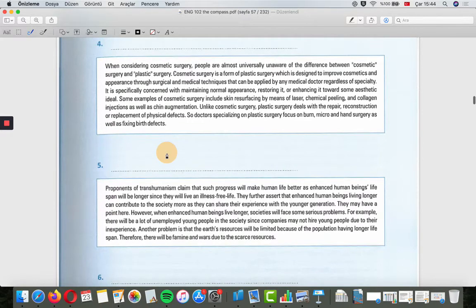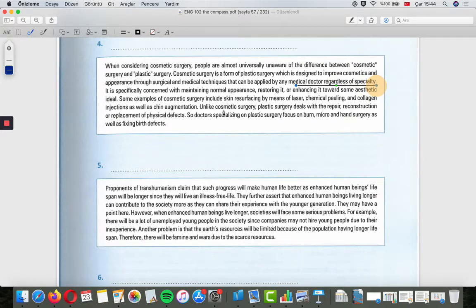Let's look at number 4. It says, when considering cosmetic surgery, people are unaware of the difference between cosmetic surgery and plastic surgery. Cosmetic surgery is a form when you want to improve cosmetics through surgical and medical techniques, through the help of medical doctors.